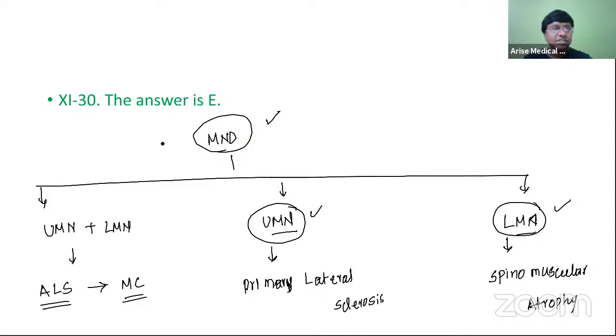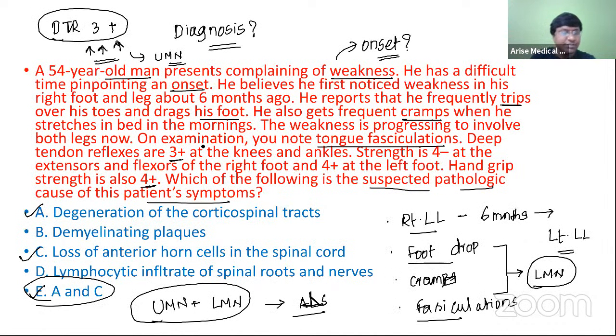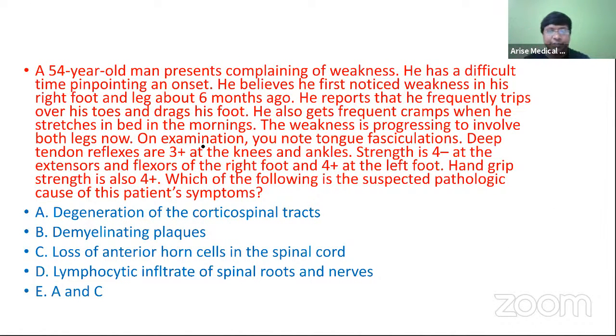So that is about motor neuron disease. And in the question given in this clinical scenario, you have both upper motor neuron involvement and lower motor neuron involvement. What does the upper motor neuron affect? The corticospinal tract. And what does the lower motor neuron affect? The anterior horn cell.